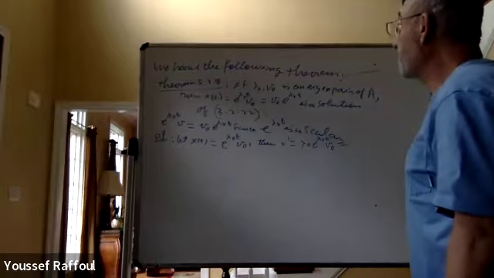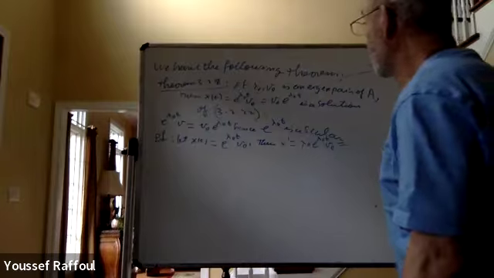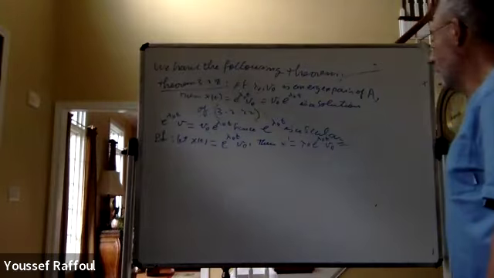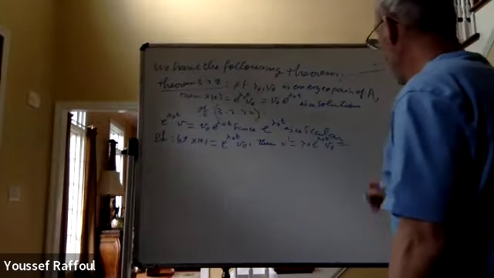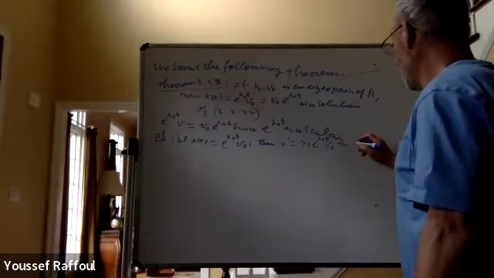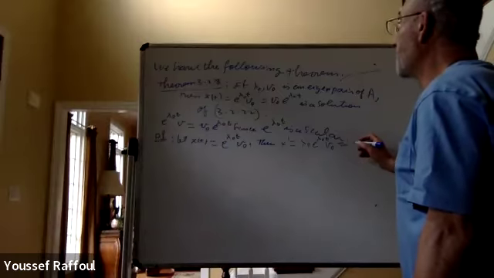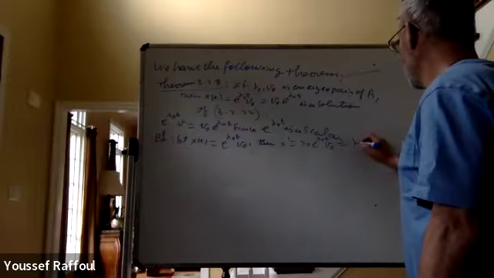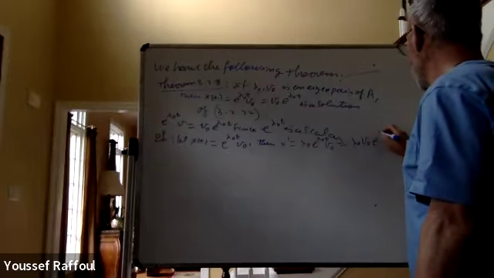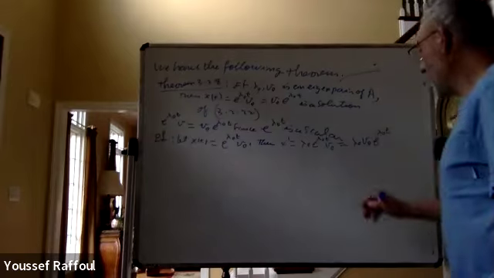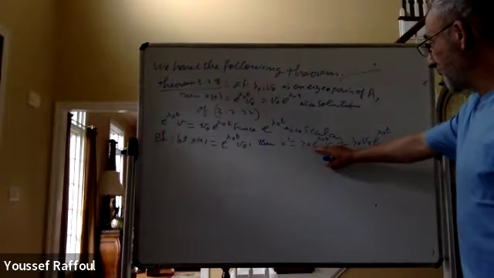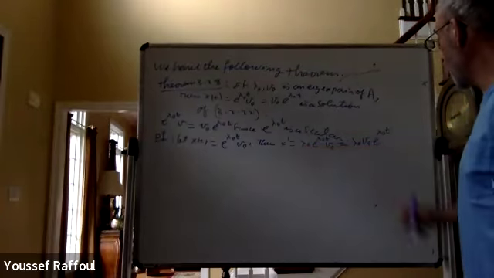And that is lambda 0 v0 e to the lambda 0 t, because a scalar times a vector can be written like that.